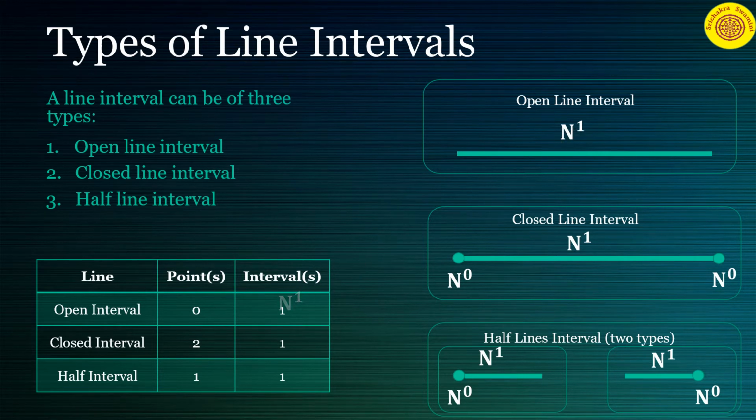The open line interval has one interval and closed interval has 2 points and one interval. The half line interval has 1 point and one interval each.